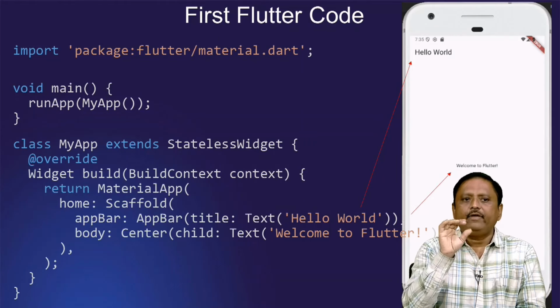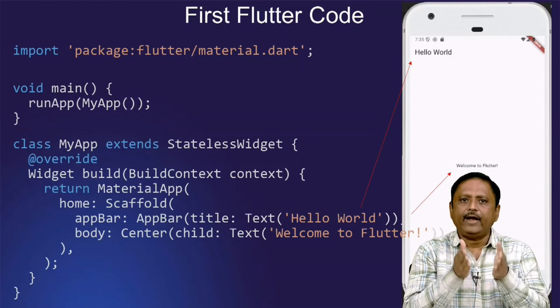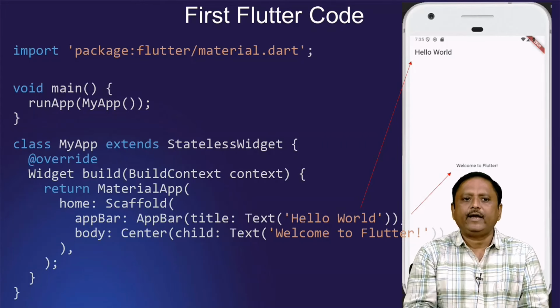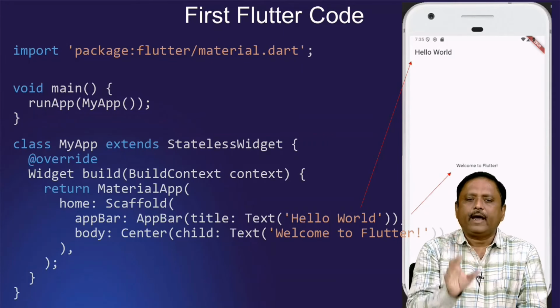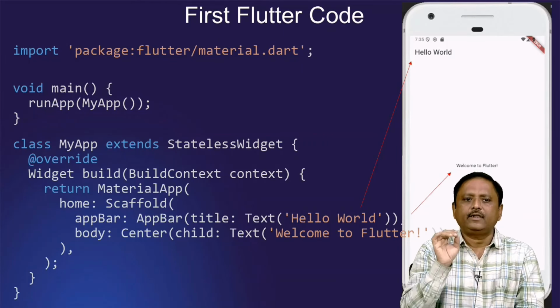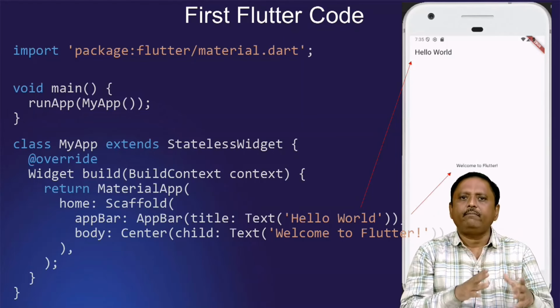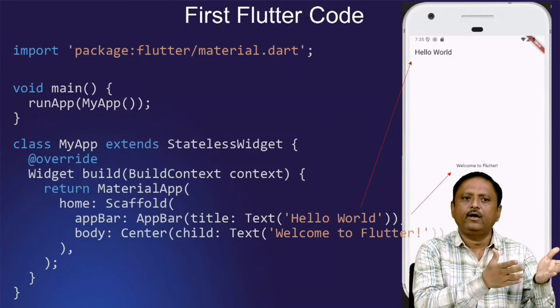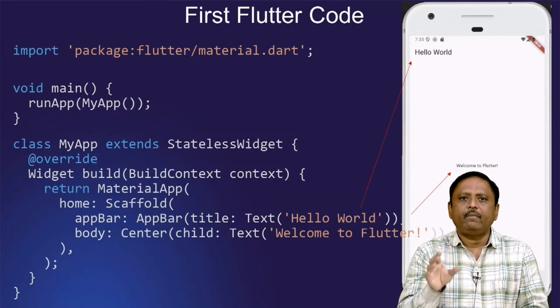Now here we have written code inside the main function which is our entry point. Here first we write the runApp function to display the app, which is of type widget. So my app is nothing but a widget that we want to show on the screen. So whenever main starts executing, the runApp function is called and displays the widget represented by my app.